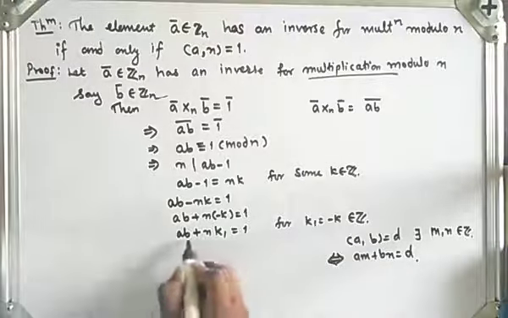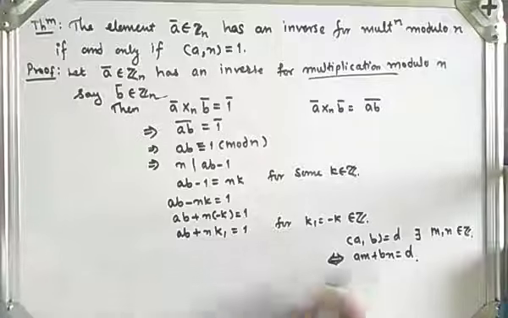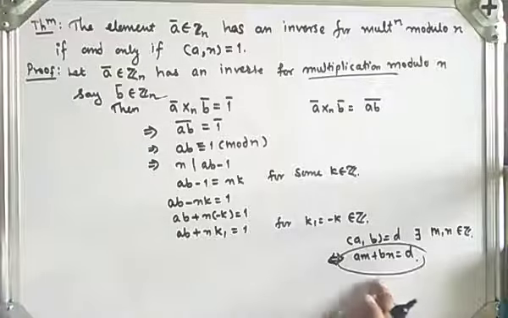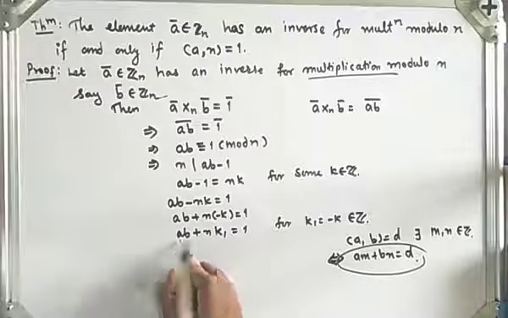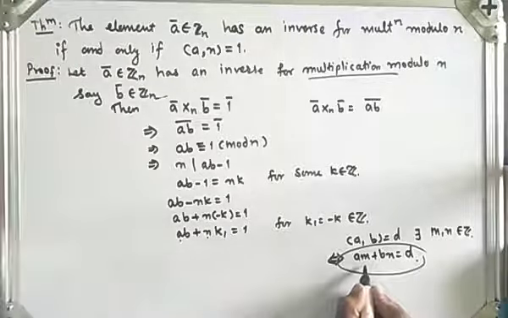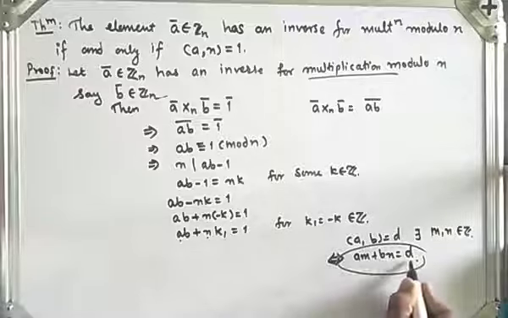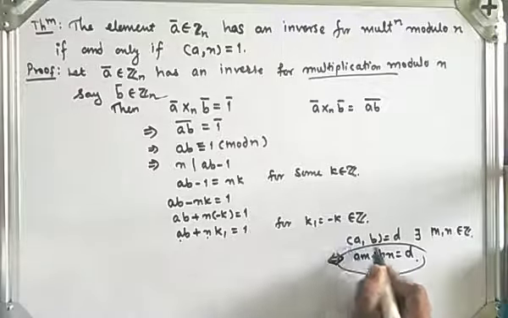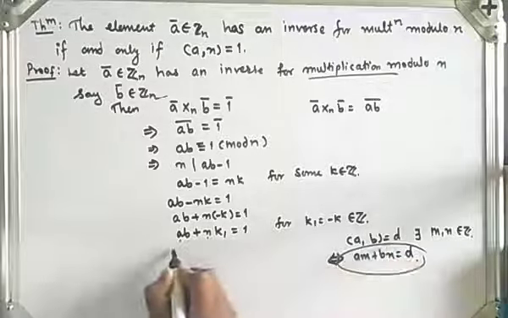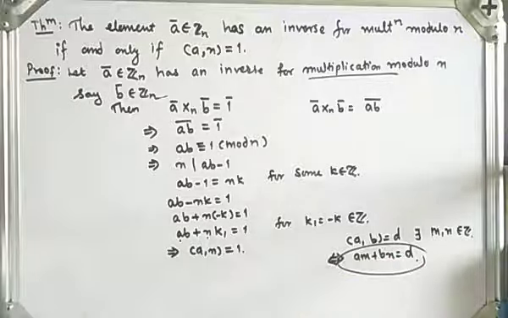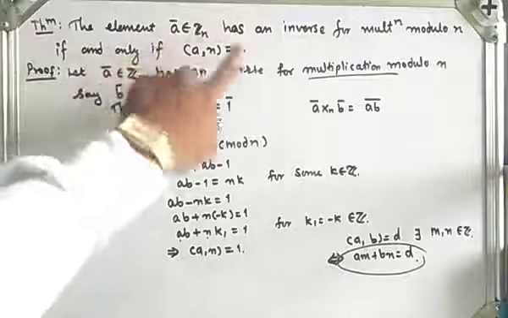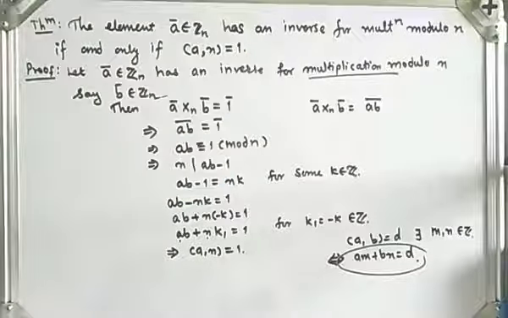So here we have an equation in this form, with a and n, so that implies GCD of a and n is equal to 1. Hence, if a bar belonging to Zn has an inverse for multiplication modulo n, then GCD of a and n is equal to 1.